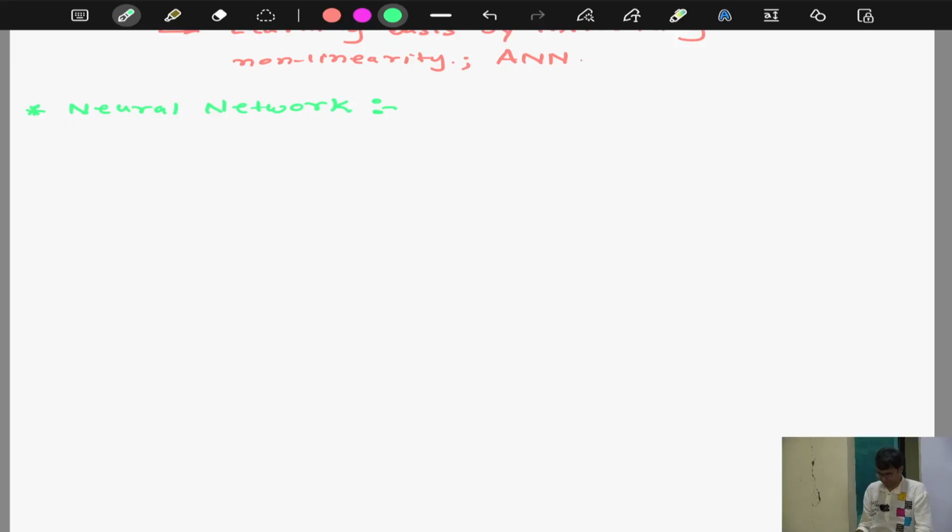It is motivated from, and tries to mimic, operations in the human brain.